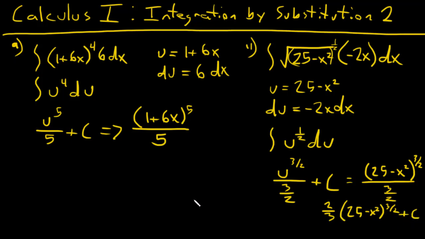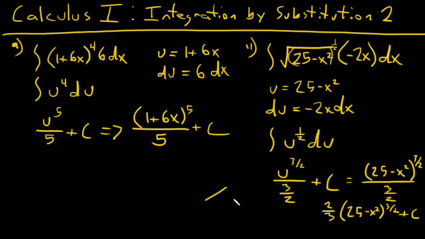Don't forget my c. I'll forget it all the time, but y'all don't do that. Don't watch what I do. Don't watch what I say. It's very easy to forget that plus c, but it is important. It actually has a function there, and if you don't have it, it is not technically 100% correct.